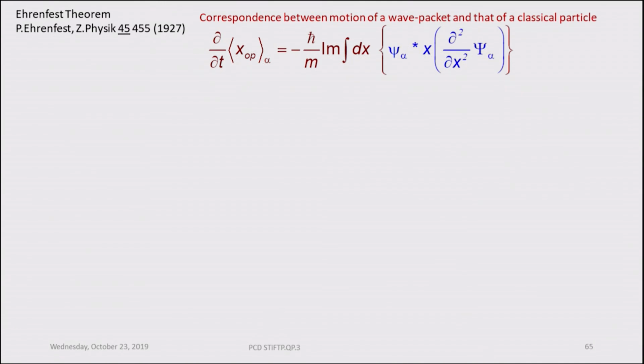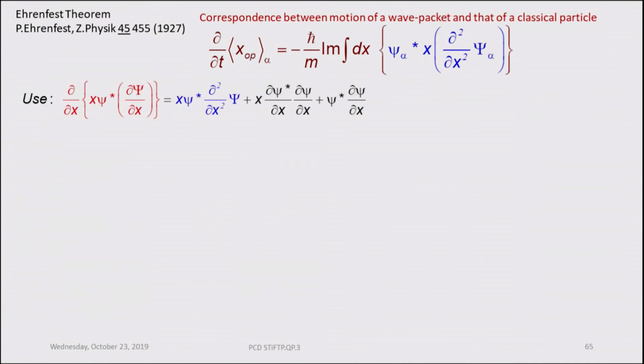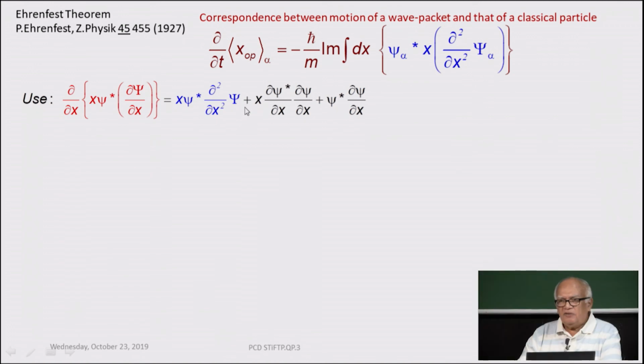So, please work it out, and now you use the fact, this is a little bit of clever algebra that we use. Not everybody might think about it, but the smart ones do. All right.